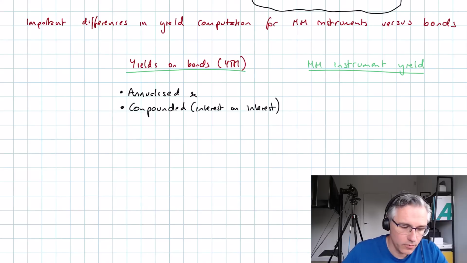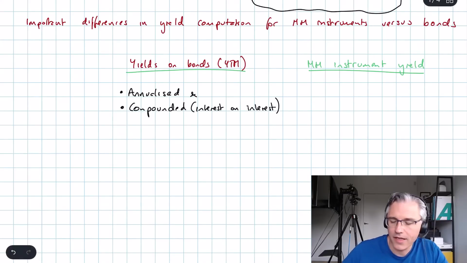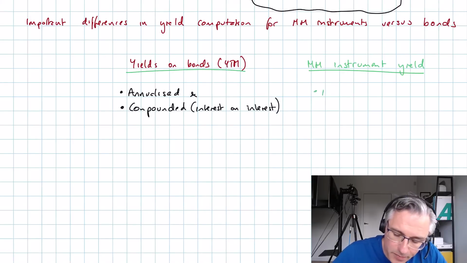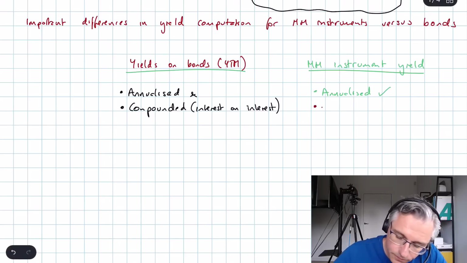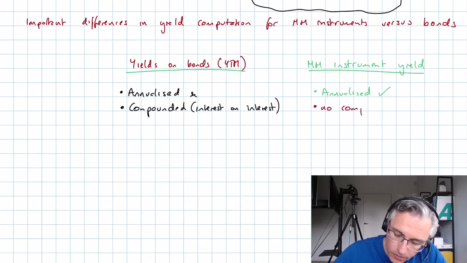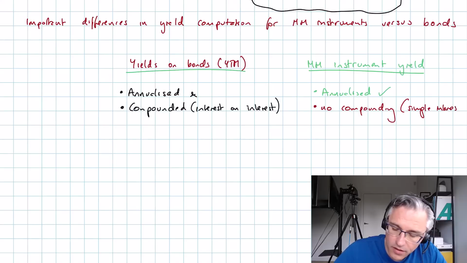accounted for in the computation, whereas in the case of money market instrument yields, they will indeed always be annualized as well. But the way we annualize is rather simple. There is no compounding. So simple interest only.